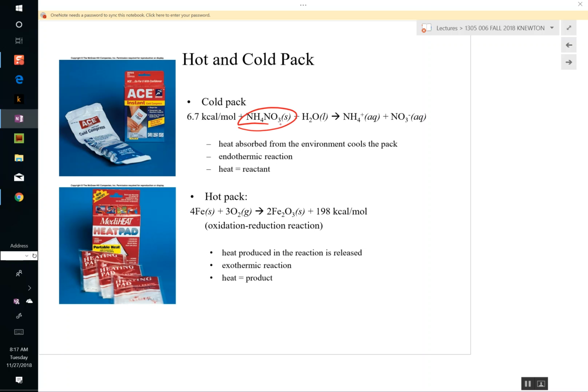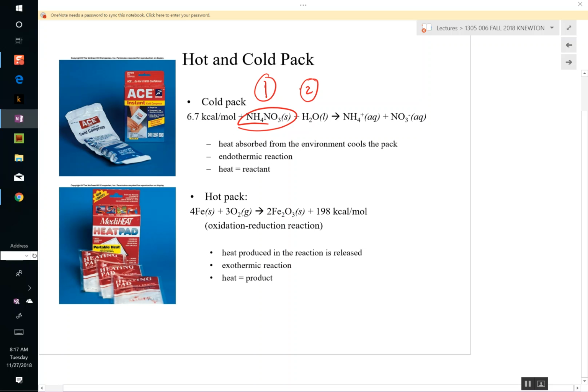And what's happening? So they have two containers in there. One has ammonium nitrate in it, the other one has water in it. Little plastic containers. The instructions say put it on a hard surface and press down on it and crush it. What are you doing? You're breaking a little seal between the water and the ammonium nitrate. Water flows into the ammonium nitrate.